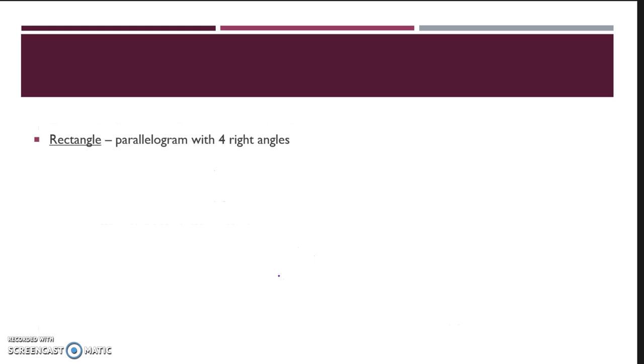So now we're going to talk about rectangles, and a rectangle is a parallelogram that has four right angles. And your rectangle corollary: a quadrilateral is a rectangle if and only if it has four right angles. That's actually true for all quadrilaterals, not just parallelograms, which is why it says quadrilateral in the corollary, and in the definition it says a parallelogram.